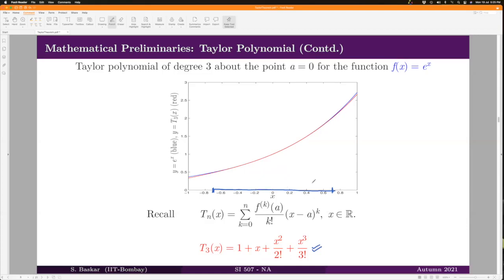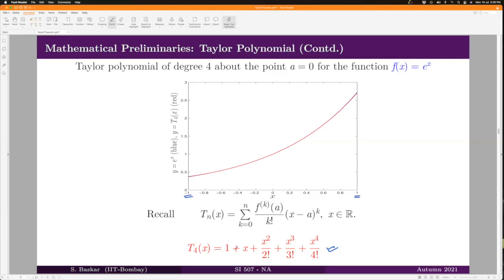That's what we are inferring from this example. In the case of the fourth degree polynomial, you can see that in the interval minus 1 to 1, your function f is approximated well by the Taylor polynomial of degree 4.